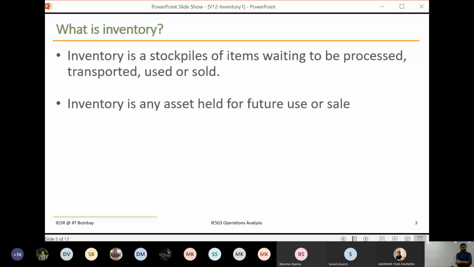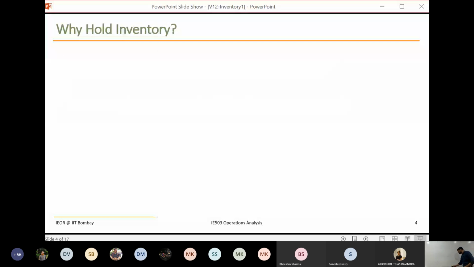Now let's try and make it a little interactive, since I already shared some material. Let's start with this first question: why hold inventory? You can just unmute yourself and say why hold inventory.